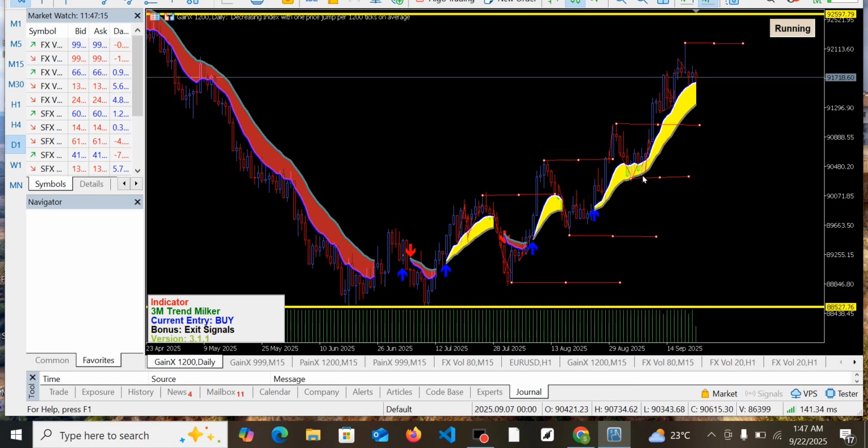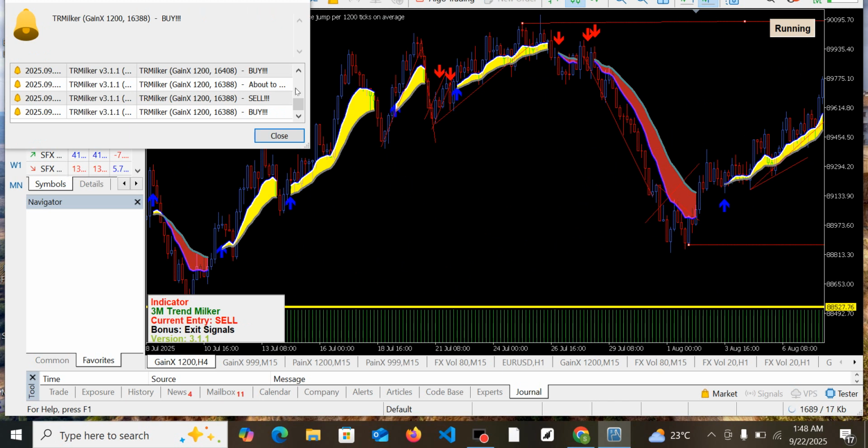Each time there is a pullback on the daily time frame, that is when you have a very long selling opportunity on the 15 minutes time frame. But once the pullback is over, it goes up again to the next resistance zone. Okay, so this is very, very important. So if you have it highlighted like this, it will be very easy for you to go down to the lower time frame.